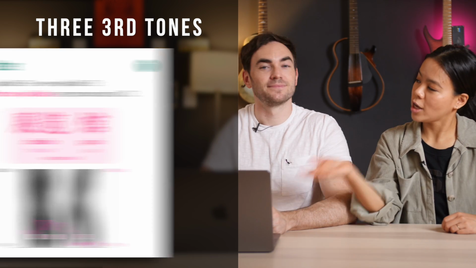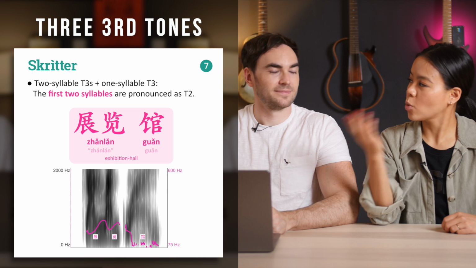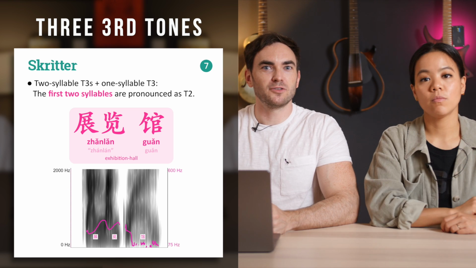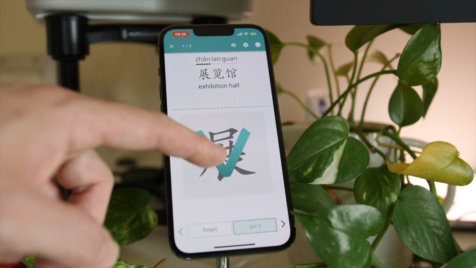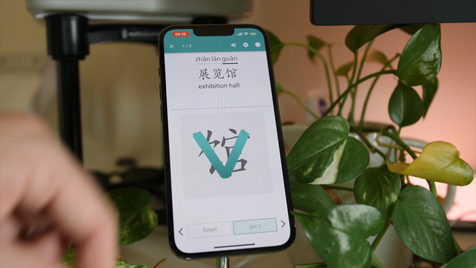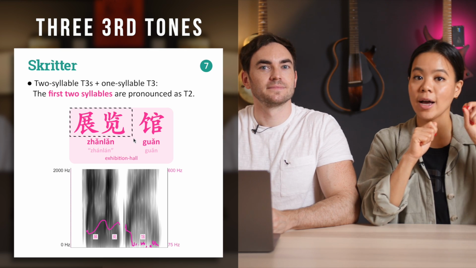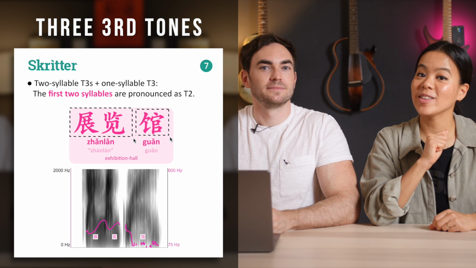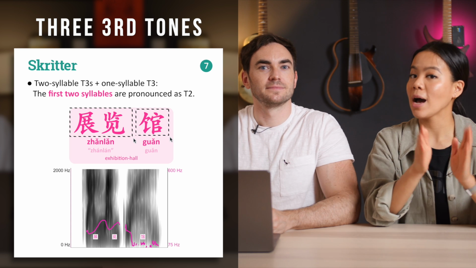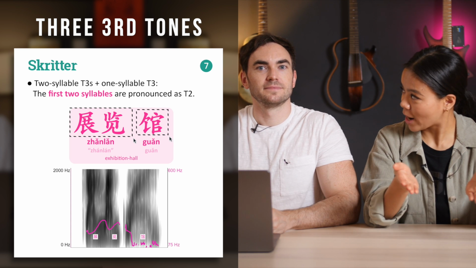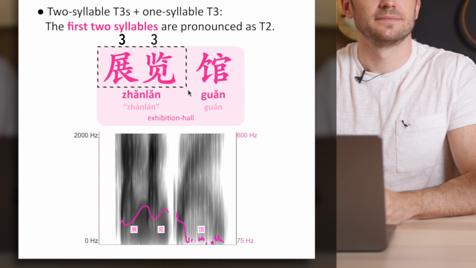So let's look at another example. 展览馆. Okay, that's a bit like a tongue twister. So that we got 3 third tones. 展览馆. Right? So the word boundary actually occurs between 展览 and 馆, and so the tone change happens within a word first, right? So that's within 展览.